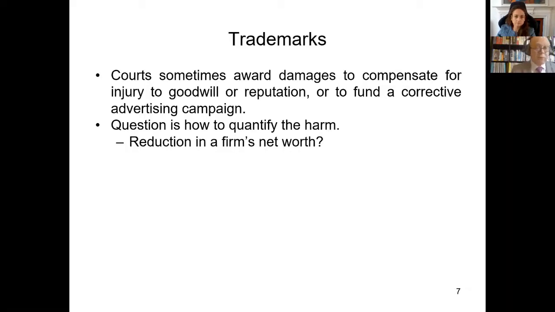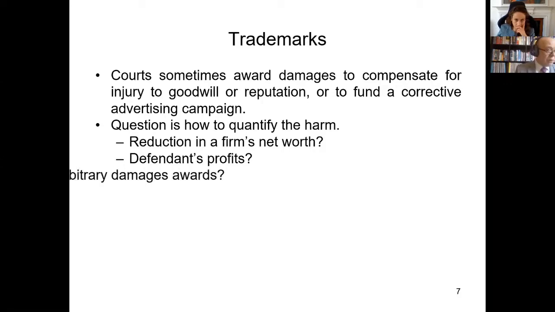Another possibility might be to award the defendant's profits resulting from the infringement, although there may not be any necessary connection between the amount of the defendant's profits and the harm to the plaintiff's goodwill. And so there is at least some risk of arbitrariness.